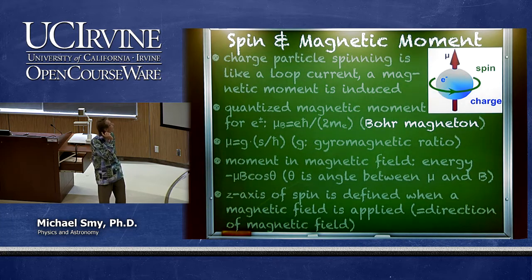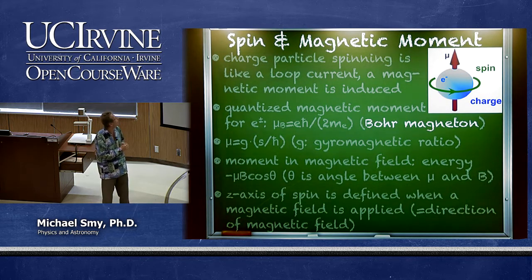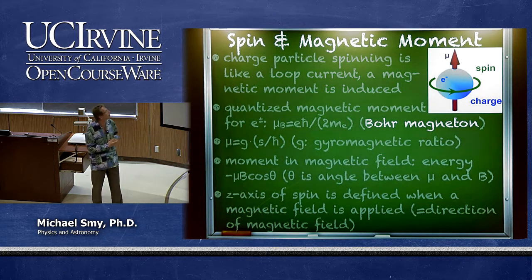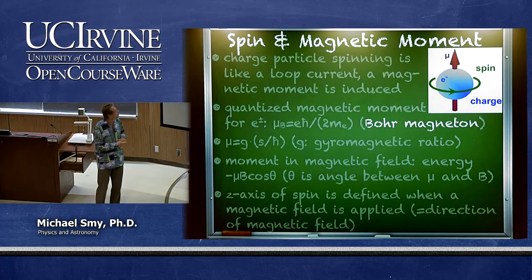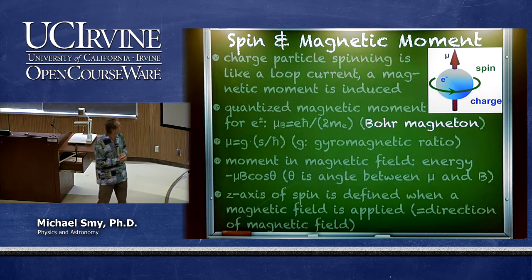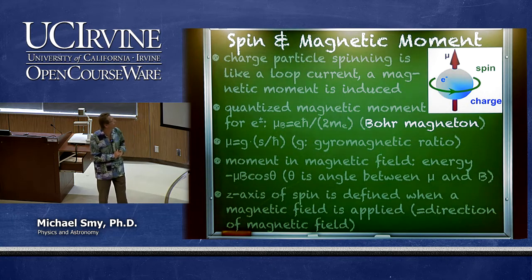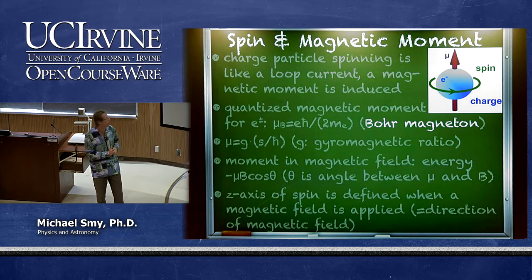The magnetic moment is quantized in units of the Bohr magneton, but if we want to get the relation between the spin and the magnetic moment, it is not simply mu equals s over h bar, but there's an extra factor, the so-called gyromagnetic ratio. And that factor, for electrons, is approximately 2.